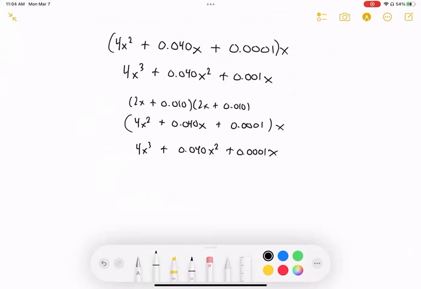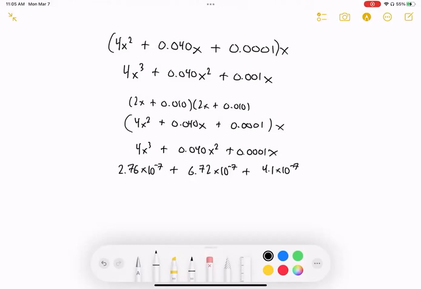So 0.0041 cubed times 4 is about 2.76 times 10 to the negative 7, plus 0.0041 squared times 0.04, that gives you 6.72 times 10 to the negative 7, plus 0.0041 times 0.0001, that gives you 4.1 times 10 to the negative 7.